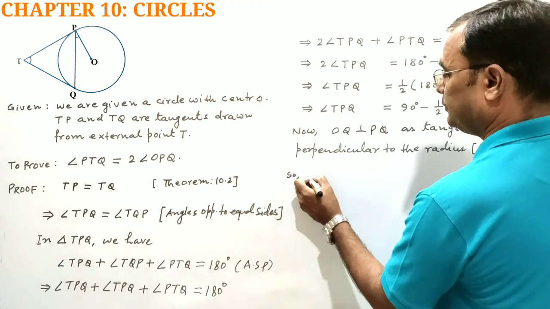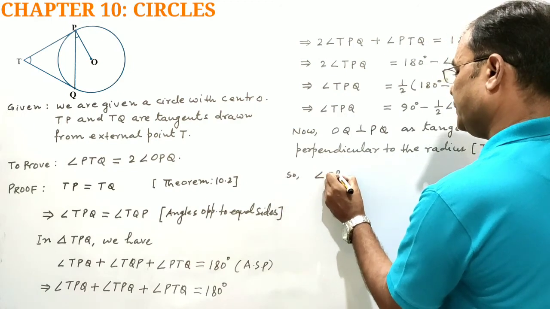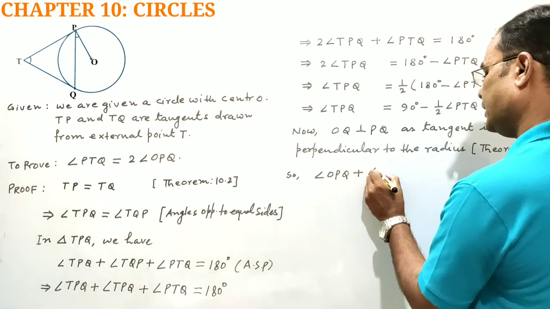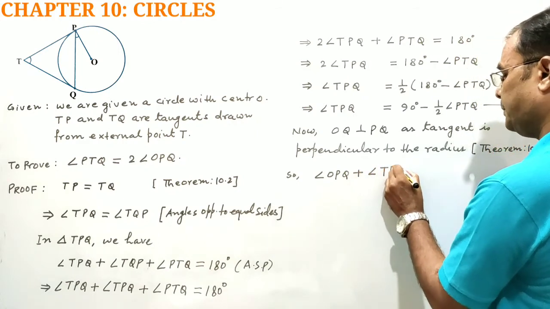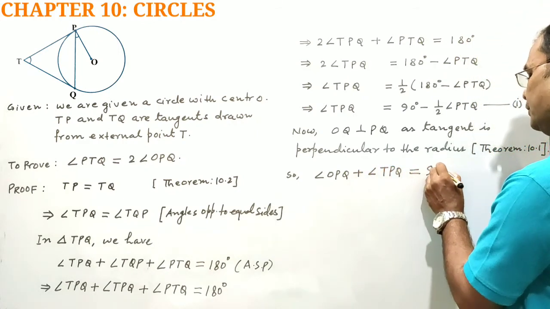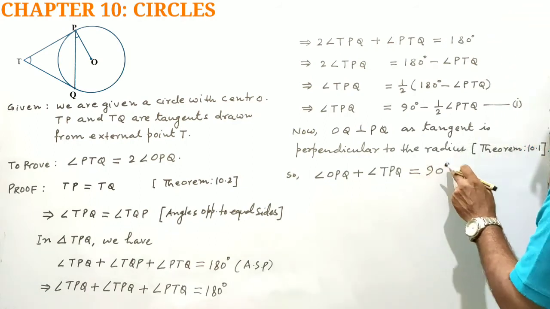So angle OPQ plus angle TPQ is equal to 90 degrees.